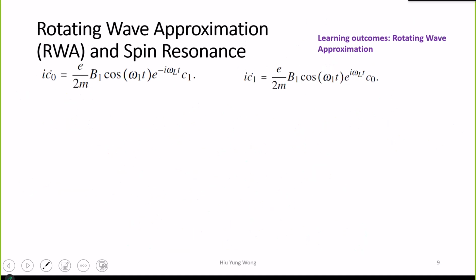Okay, right, so understanding this, these are the two equations we just said. Now we will introduce a concept called rotating wave approximation. Let's look at this equation, right?